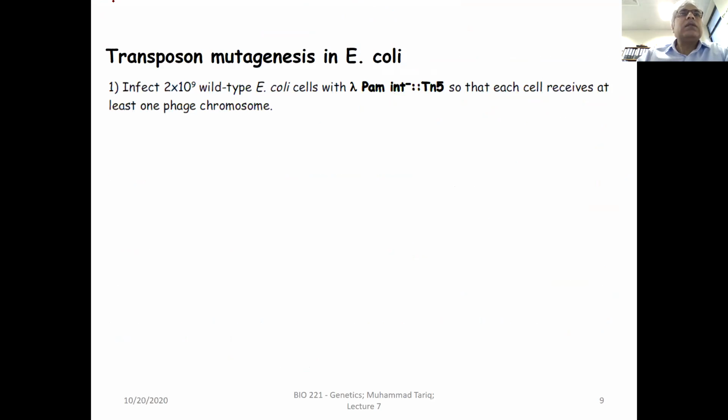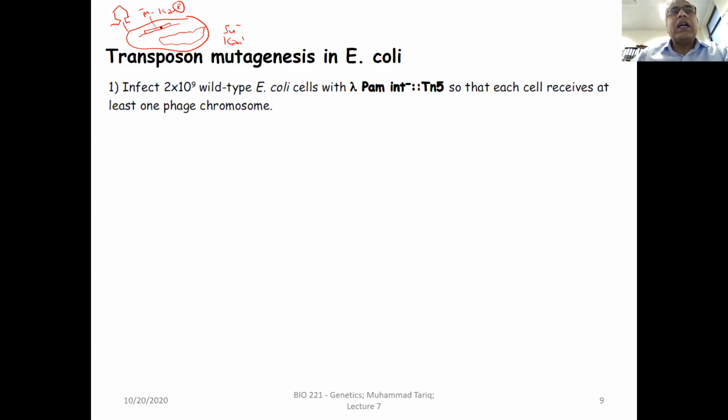So let me draw here to make things even more clear. So we have the phage, it injected its DNA inside the bacteria. This bacteria is kanamycin sensitive. Also, it is suppressor minus. It does not encode amber suppressor. Phage DNA, when it comes in, we know it contains Tn5, which also contains the kanamycin resistance gene.